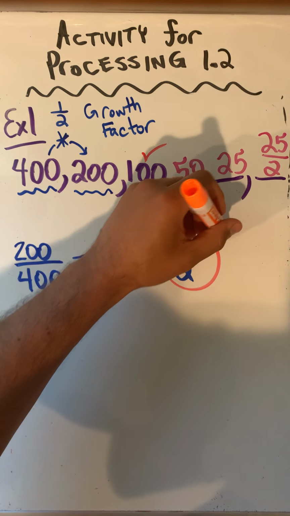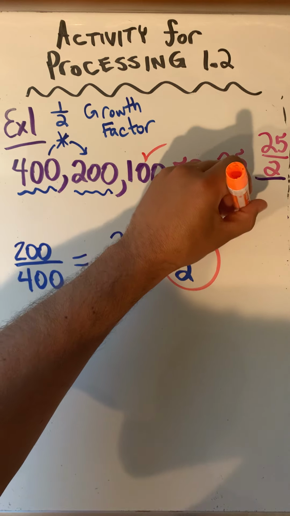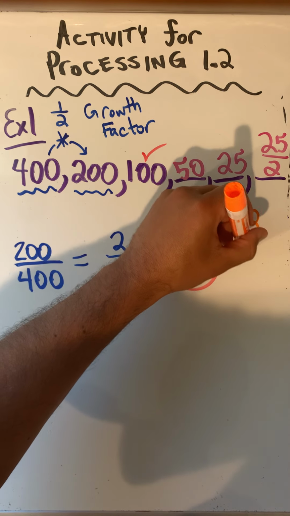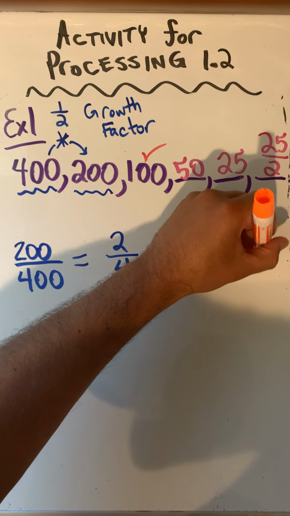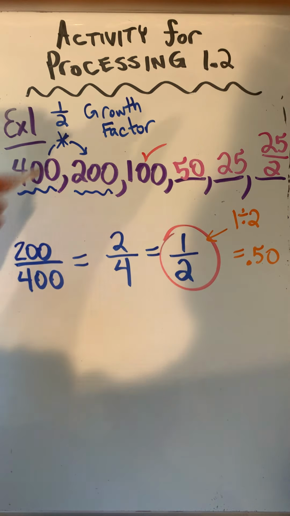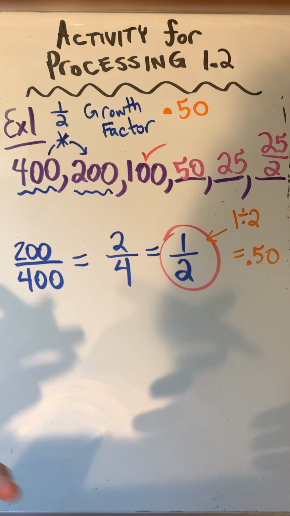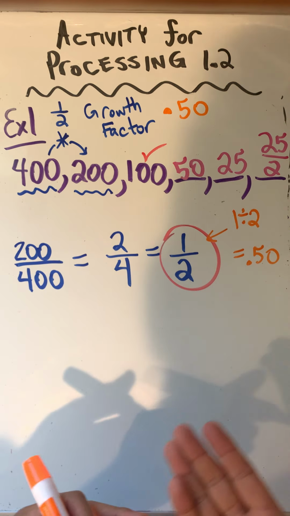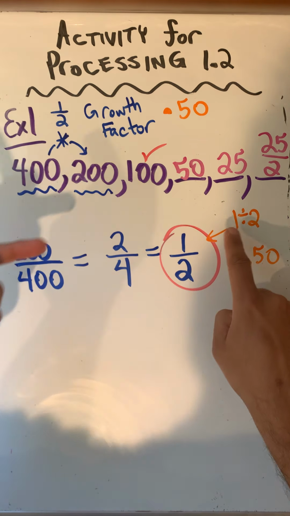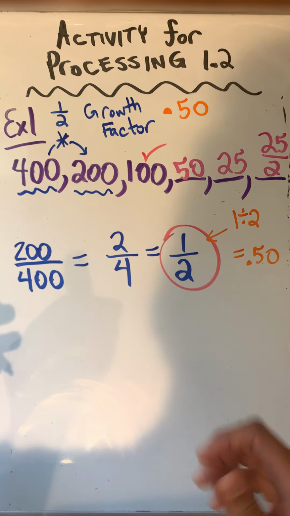So 1/2 as a decimal, if you divide 1 by 2 on your calculator, it'll give you 0.50. You can also use 0.50 as your optional growth factor if you're asked to present your growth factor in decimal form by dividing the numerator and the denominator to get that decimal.